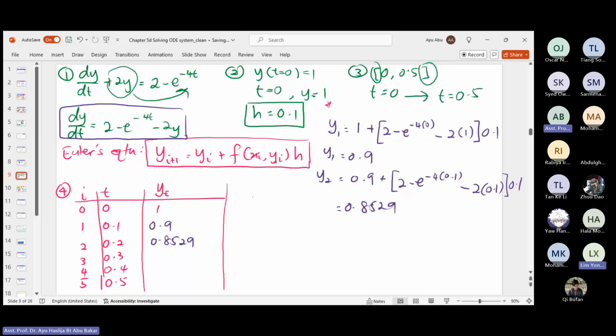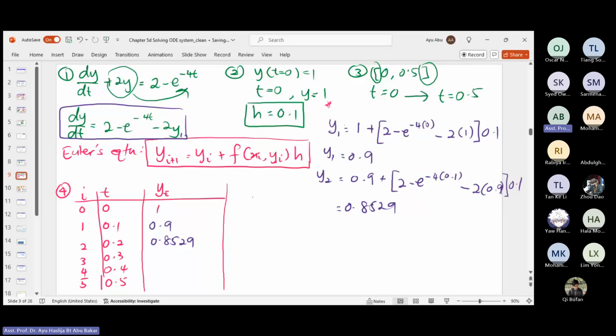Which one is wrong? Oh, minus 2 times 0.9. Yes, correct. Sorry. See, I also get it wrong. You must replace the correct value. This should be y previous value, 0.9. So the previous value of y.